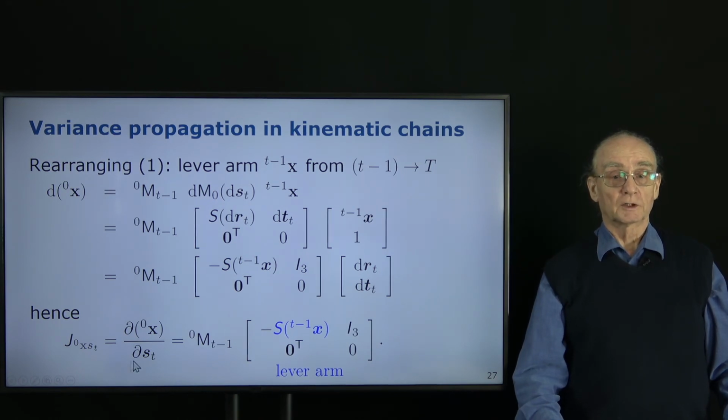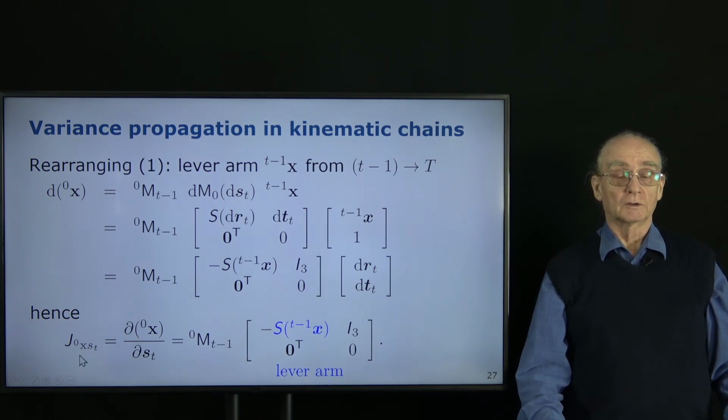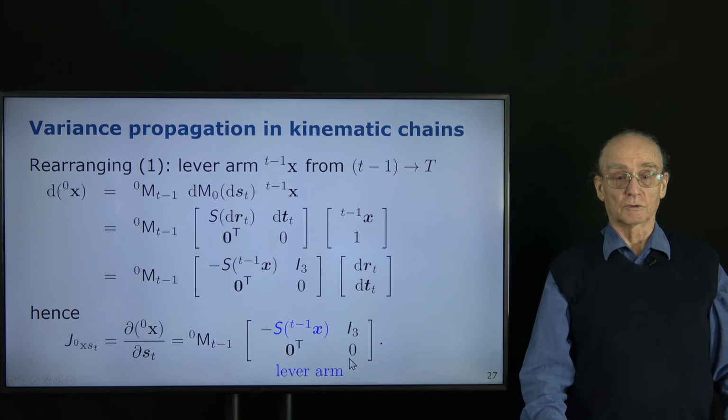And that means this part here, from here to here, is the Jacobian. That means the Jacobian of our coordinate in frame 0 with respect to the parameters at time t is this coordinate transformation from t minus 1 to 0 multiplied with this skew-symmetric matrix, unit matrix, 0, 0.